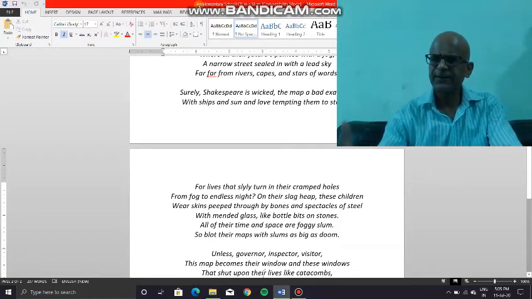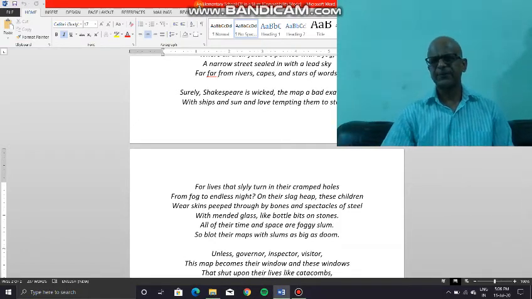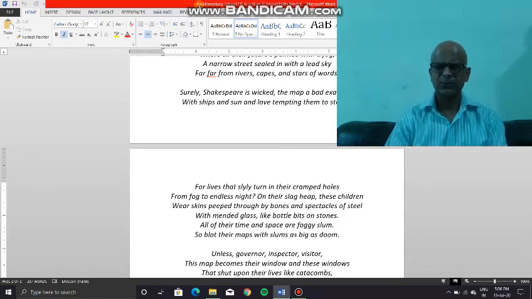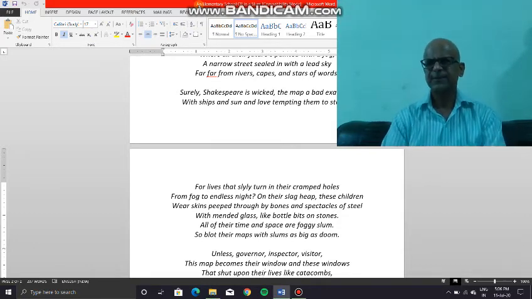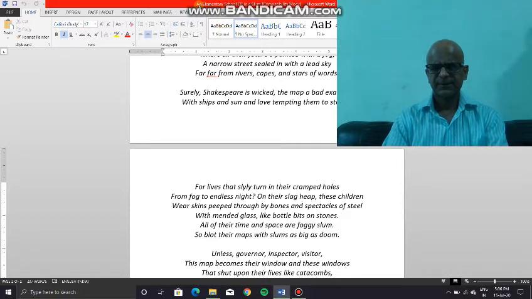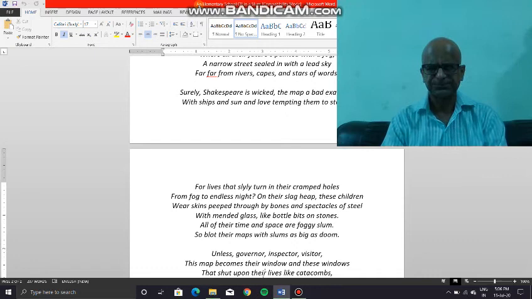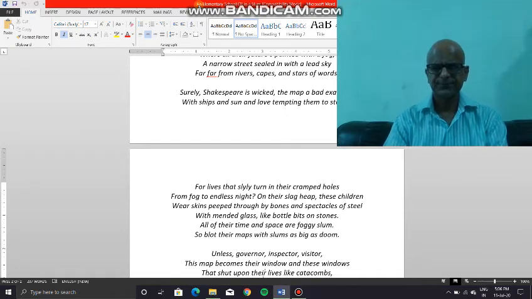And at a very early age, owing to malnourishment, they've developed very poor eyesight, and so thick are the glasses that they wear that it appears as if someone has smashed a bottle on the ground, picked up two round pieces, and wired them together to give it a semblance of a pair of spectacles. So it says, "skins peeped through by bones and spectacles of steel with mended glass, like bottle bits on stones."